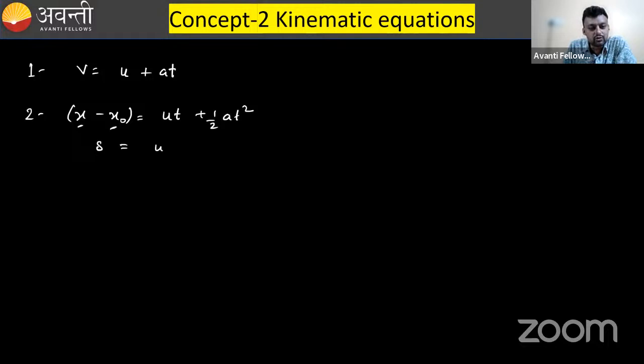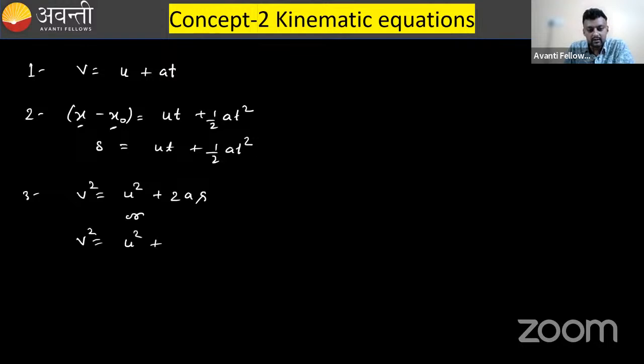So s equals ut plus half at square. Third equation is v square equals u square plus 2as. Or s is displacement, which can again be written as x minus x naught. So you can write it as v square equals u square plus 2a(x minus x naught).